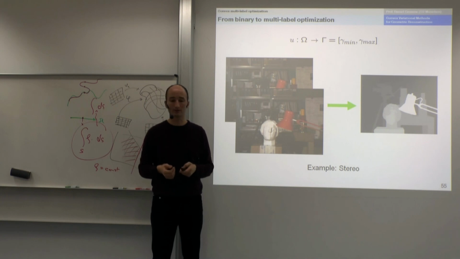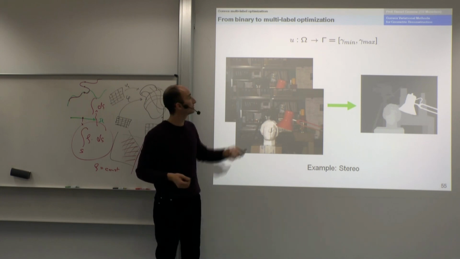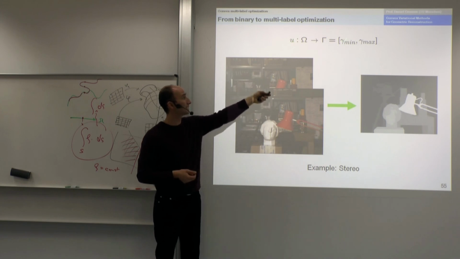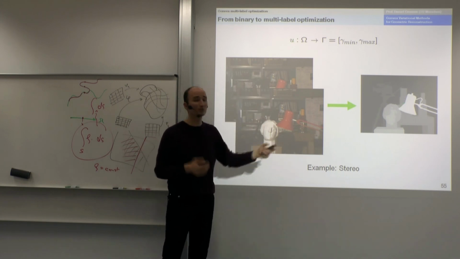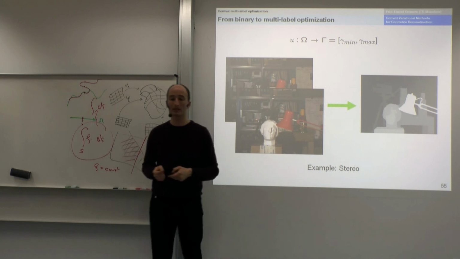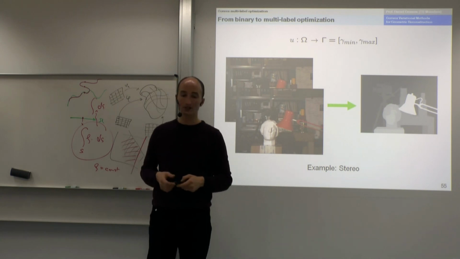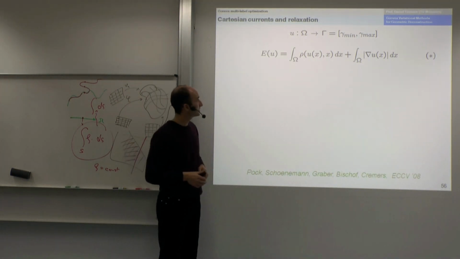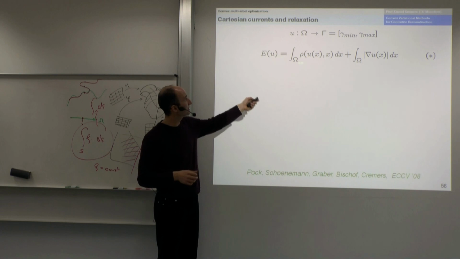There's different terms for this. And you can represent this function as a labeling, a multi-label problem, where each label encodes some distance from the camera. That's one example of a multi-label problem. Segmentation is another one. The class of cost functions that are often minimized are of this type.